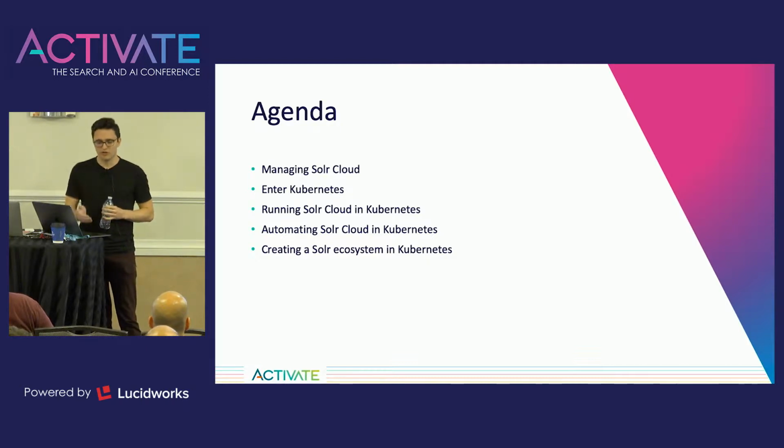Then we'll bring Kubernetes into play and explain how it fills the gaps of the current functionality that Solr provides for management. We'll then show how the different constructs in Kubernetes can be built up so that we can actually deploy a Solr cloud within Kubernetes, and then obviously how we can automate it.